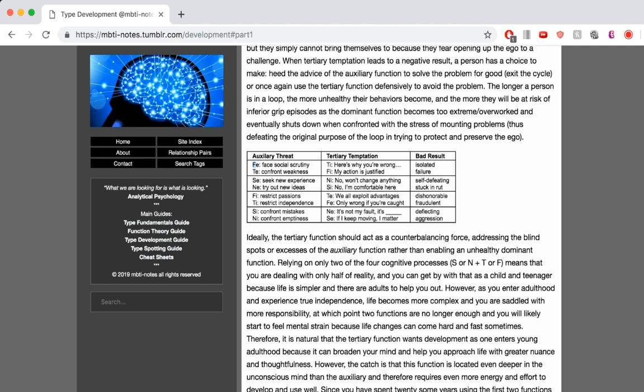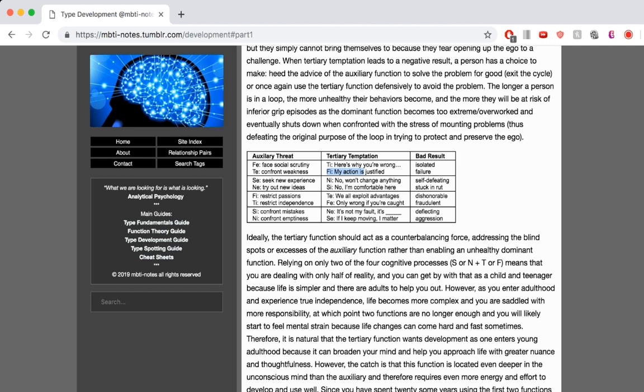If your auxiliary is FE, where you're becoming more aware of the emotions around you, and your tertiary is TI, so you're trying to face some feedback from society with your FE, but your tertiary says here's why you're wrong, and it becomes bad. You become isolated. If you try to use your TE to confront weakness, you use your FI to say my act is justified, because in this case you're reaching more internally. And I don't know.